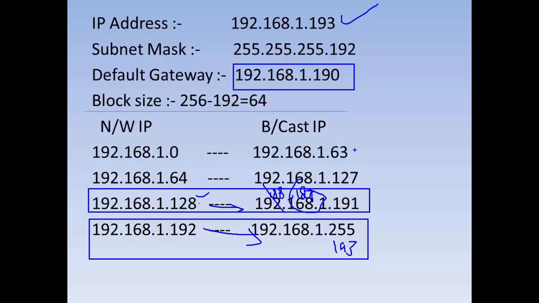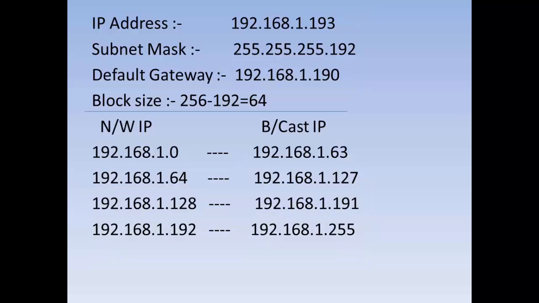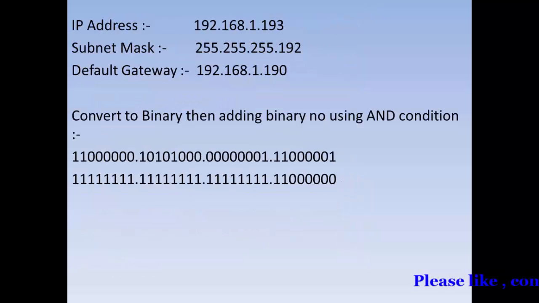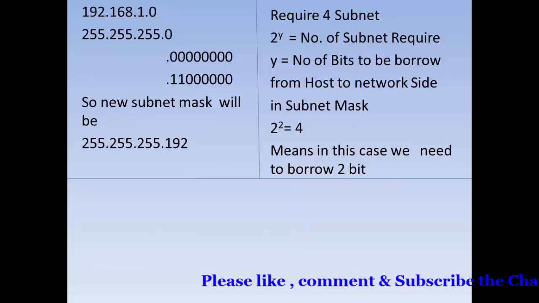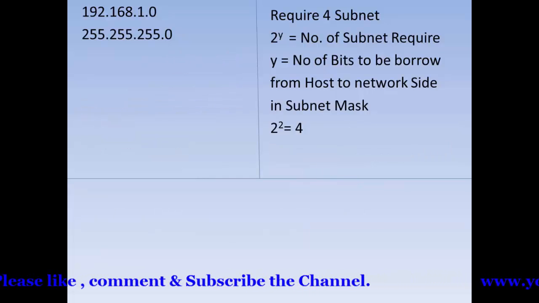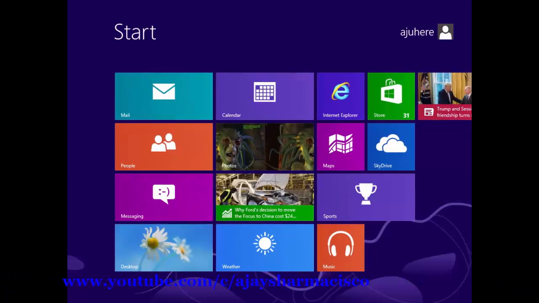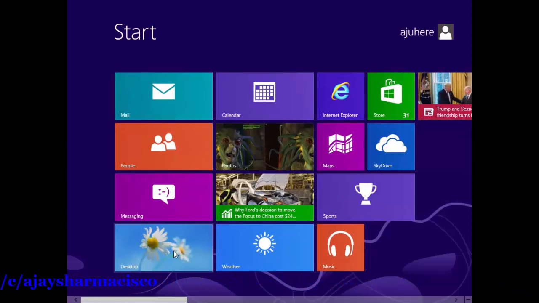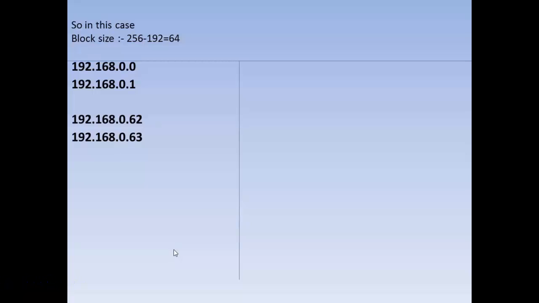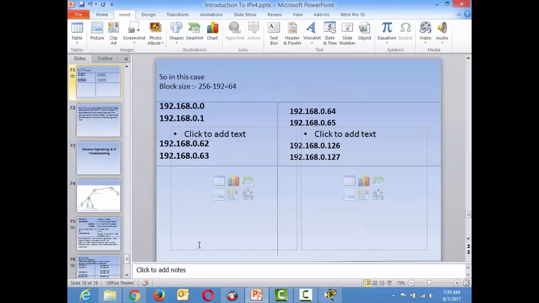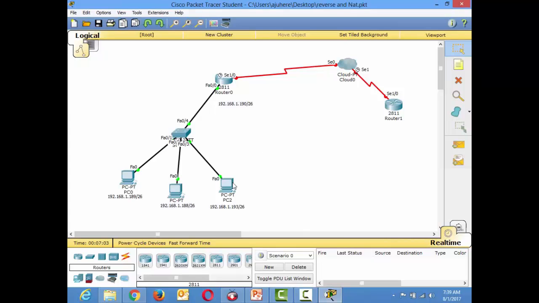In this way you can find out that you have misconfigured an IP somewhere. How to find out the particular network ID? I have explained two methods, and you can use either of them.